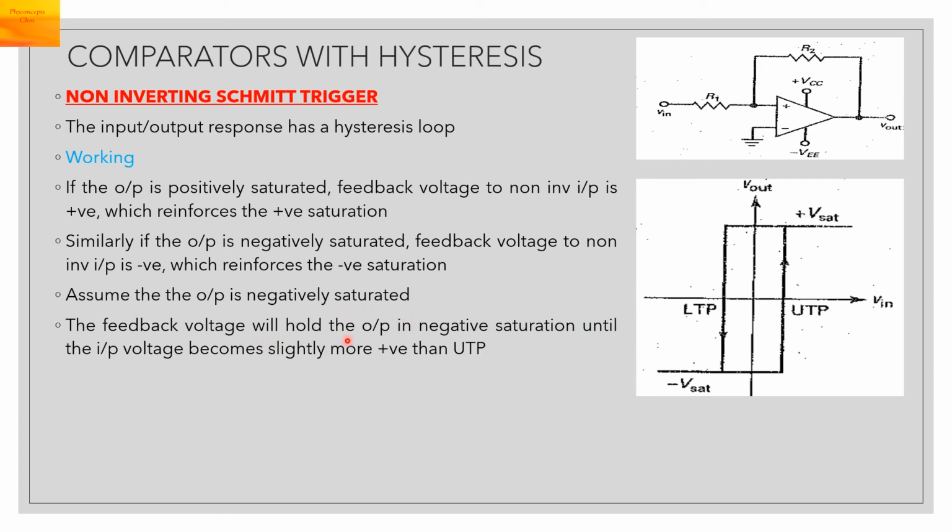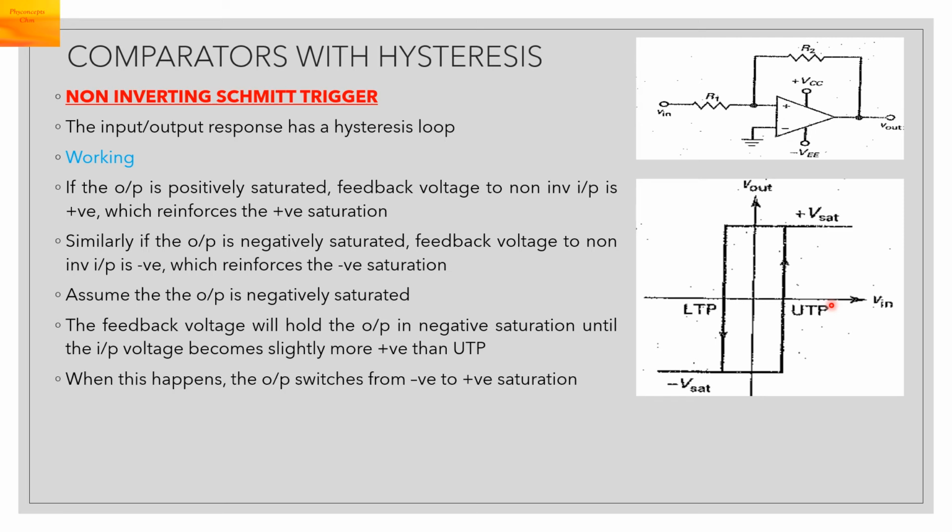The feedback voltage will hold the output in the negative saturation state until the input voltage becomes slightly more positive than UTP. So if you consider that the output is in this lower state, minus V sat, it will remain in this state until we increase the input voltage and it goes beyond UTP.